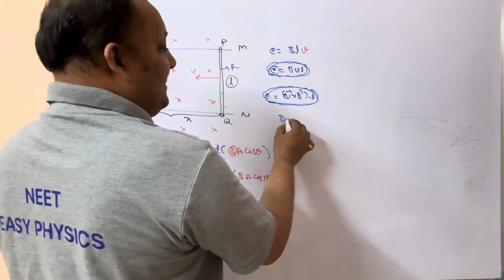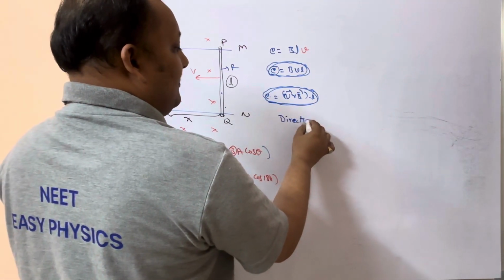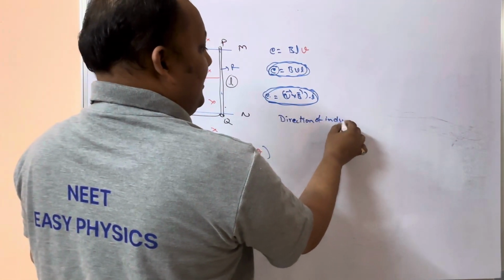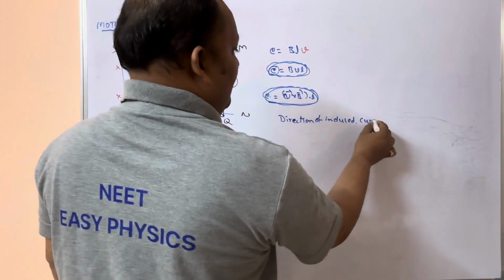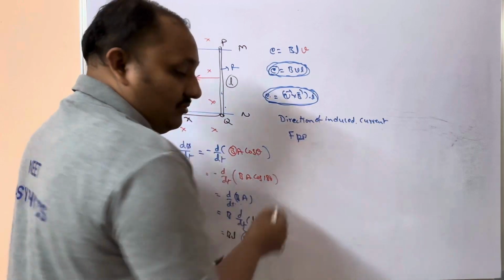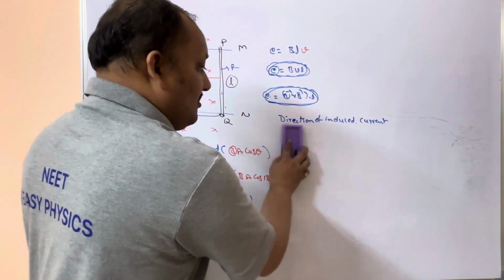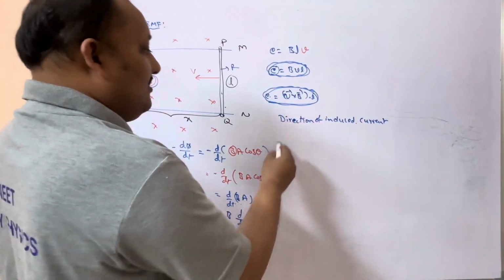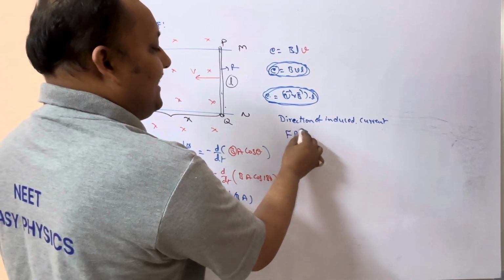The direction of the induced current is found by Fleming's right hand rule. Already we used the left hand rule; now this is Fleming's right hand rule.